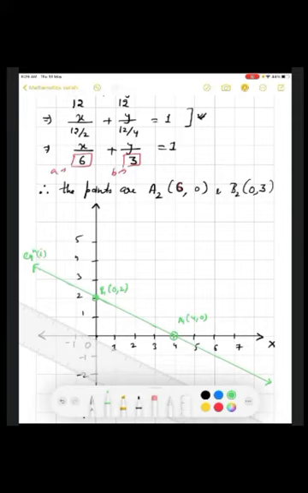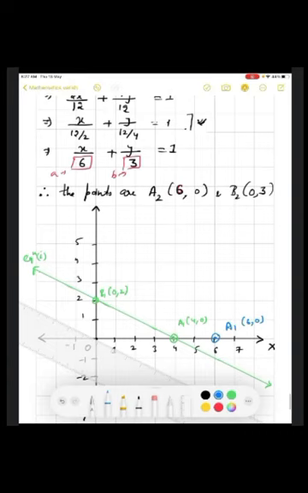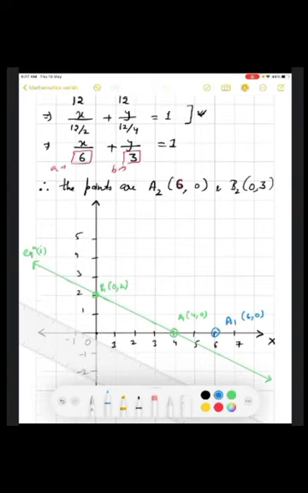For equation 2, what are the points? 6, 0. So this is 6, 0. A1 6, 0. What is B1? 0, 3.